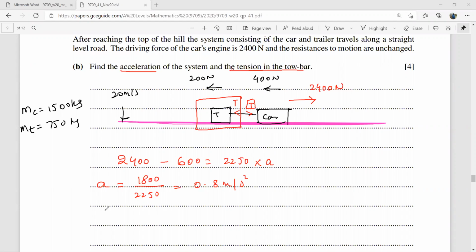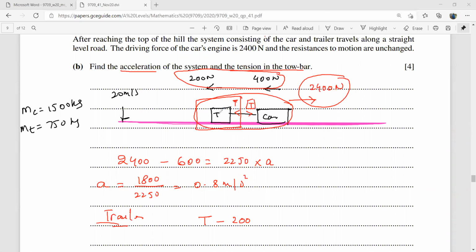So I'm going to focus on the trailer. So forward force is T, backward force is 200. Don't be confused with this forward force. This is the forward force acting on the car. When we took this as a system, this T was cancelling this T. So the only forward force was 2400. The only backward force was going to be this 200 plus 600.